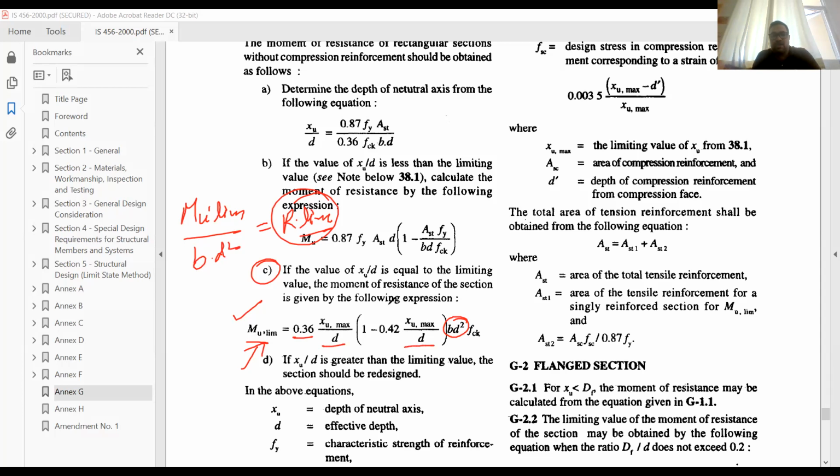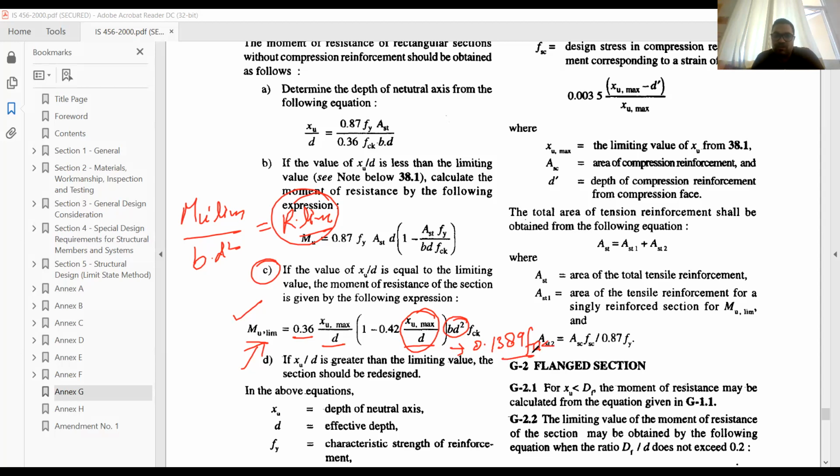Now, if we have the grade of concrete and the grade of steel, we can easily put the value. So for Fe415, xu max by d is 0.48. Putting 0.48 in place of xu max by d, the whole value will be converted into 0.1389 fck.